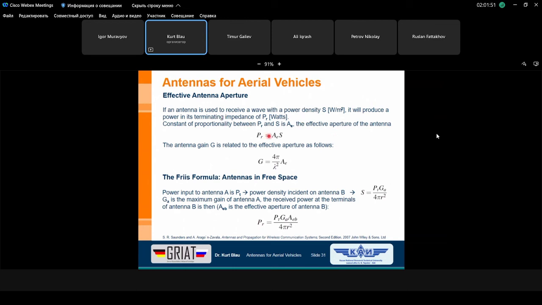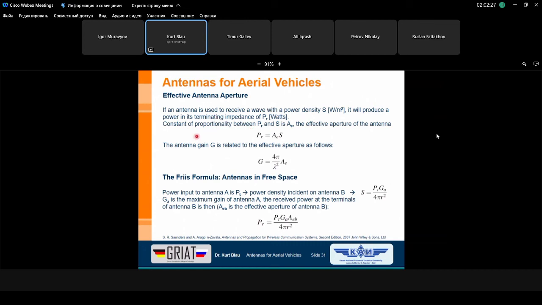We can express this as the received power equals the effective antenna aperture, or effective antenna area, multiplied by the power density. It's clear. If we have a given power density in free space and the antenna has a certain effective aperture, then we can very quickly calculate the received power.